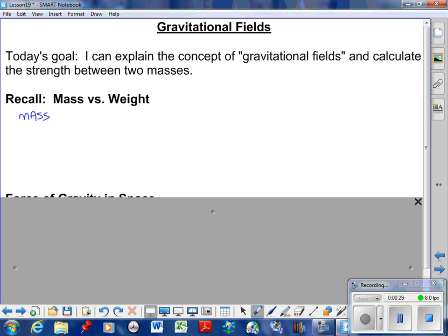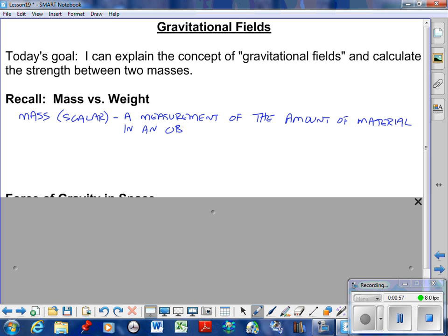Mass, first of all, is a scalar, and it's a measurement of the amount of material in an object. So you'd be measuring it in kilograms.